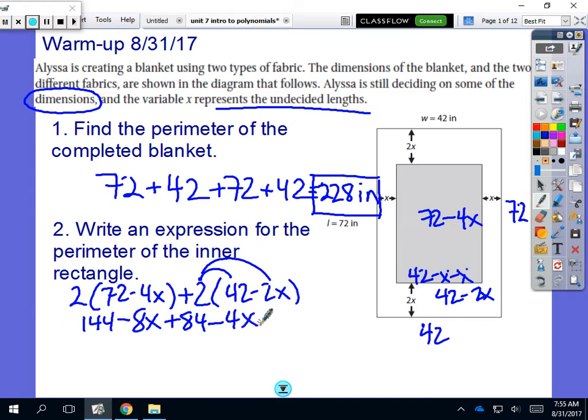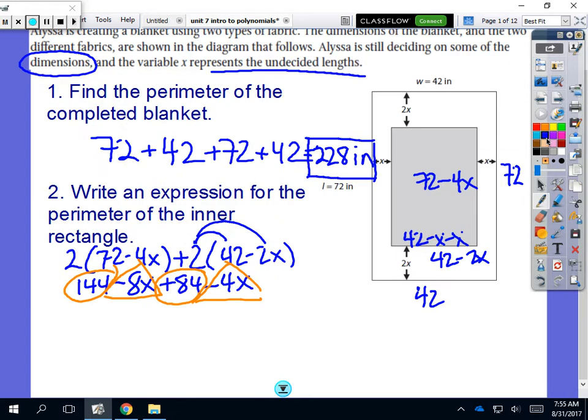And what like terms do you have here? Well, you've got 144 and 84, and then you've got your negative 8x and your negative 4x. When you add these together, 144 plus 84 gives you 228, and negative 8x minus 4x is negative 12x.